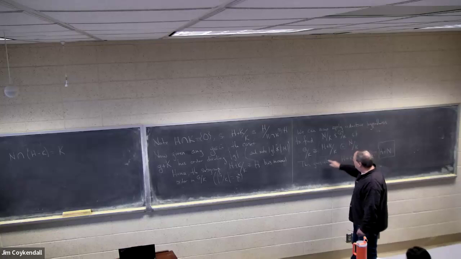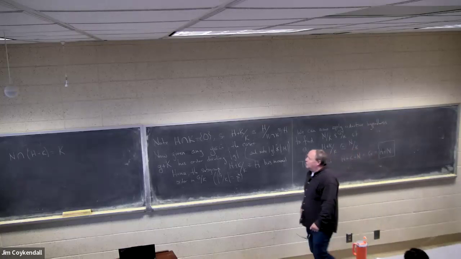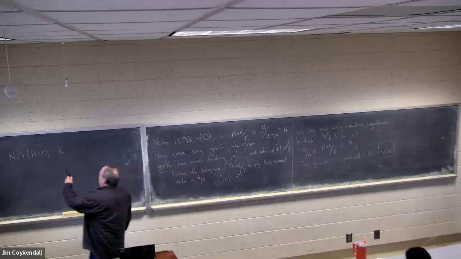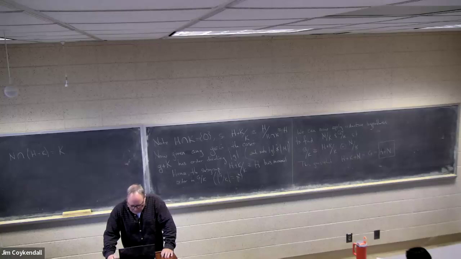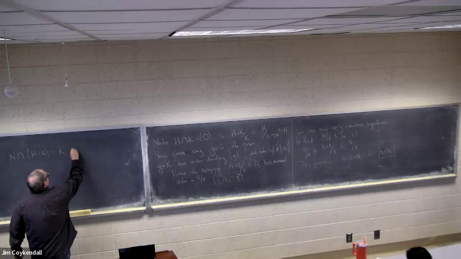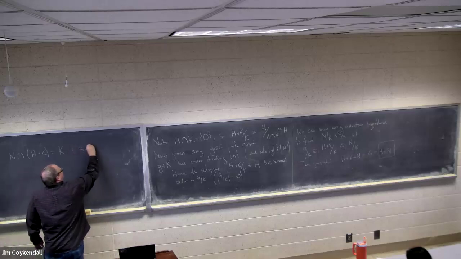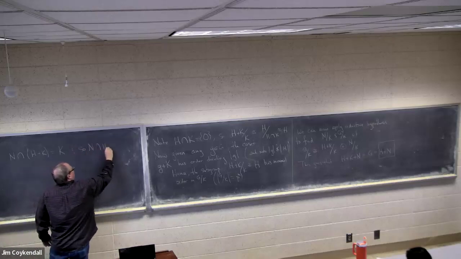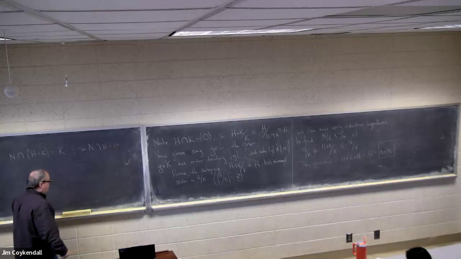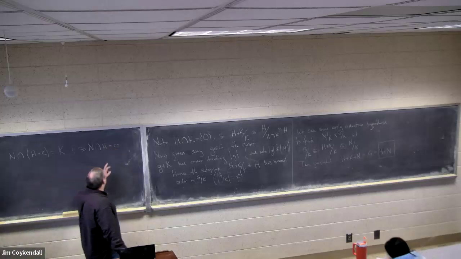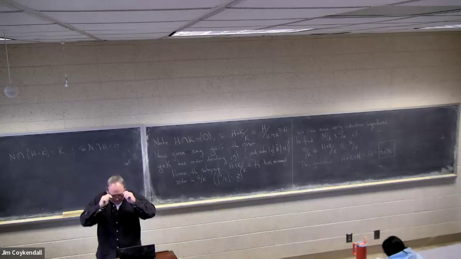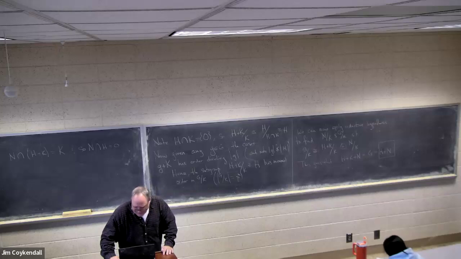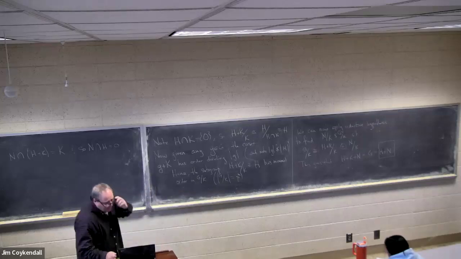And when I say trivial, I mean trivial in G mod K, which means the intersection is K. And so this means that N intersect H is zero. This follows from H intersect K being 0 as well.